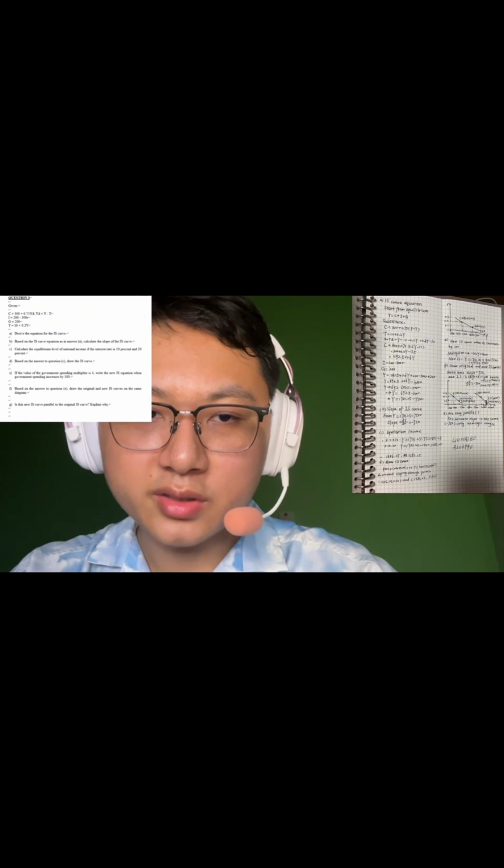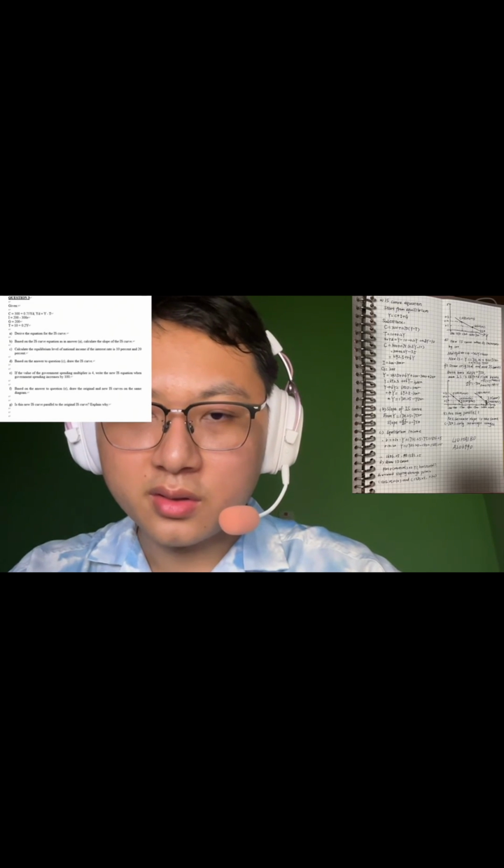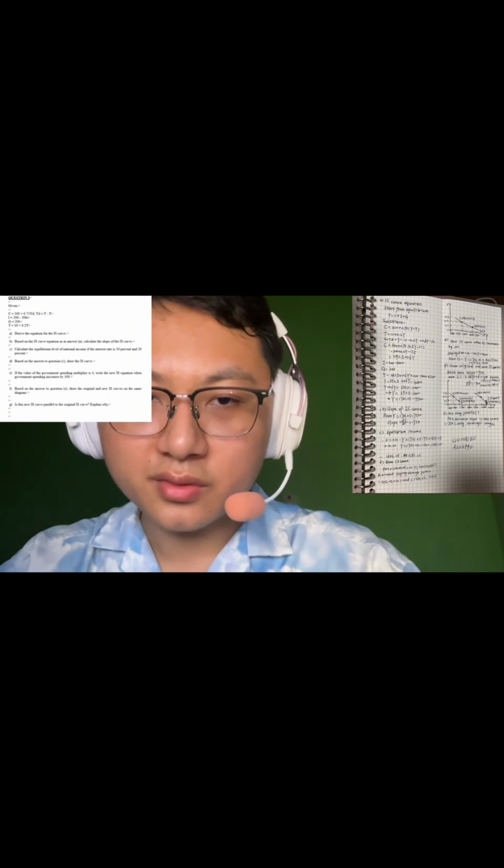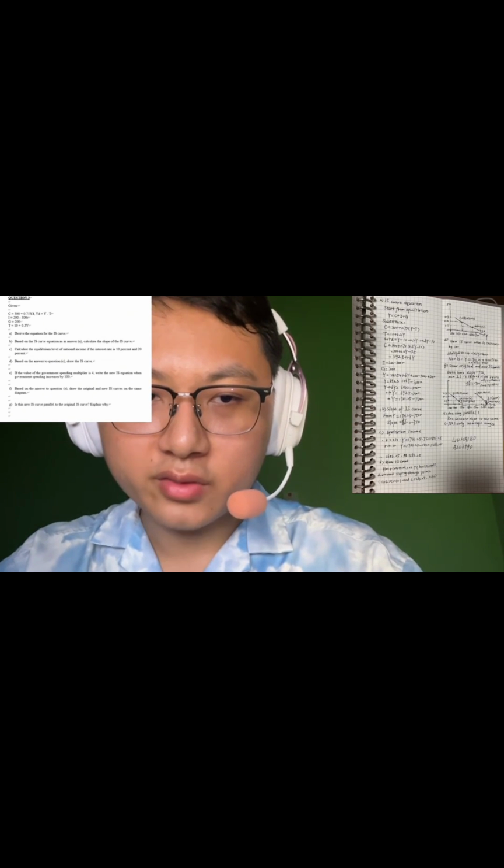Our investment saving equation is Y equals 1,731.25 minus 750R. The number in front of R is the slope. Therefore, the slope is negative 750.